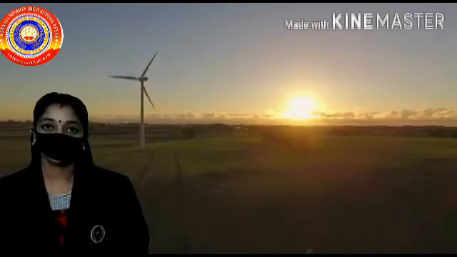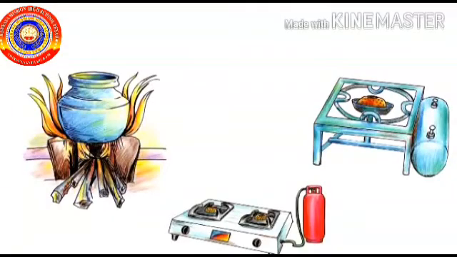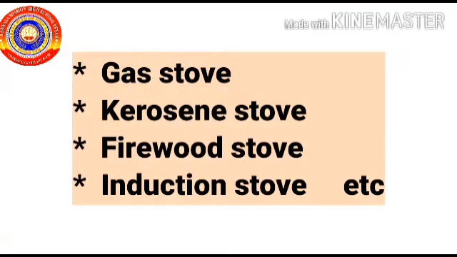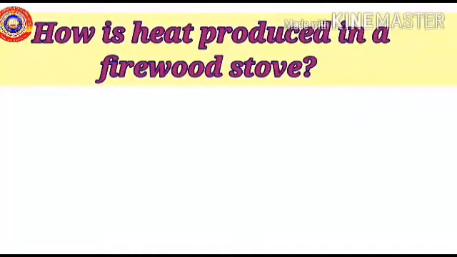Let's start the class. Observe the figures. These are some arrangements used for cooking. Which are the arrangements used in our houses for cooking food? Yes, we use gas stove, kerosene stove, firewood stove, induction stove, etc. How is heat produced in a firewood stove?